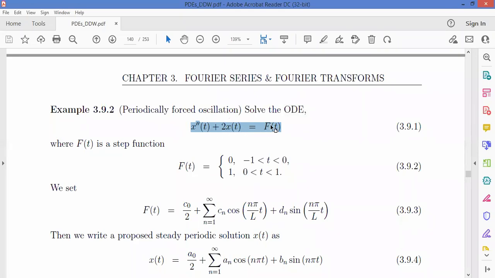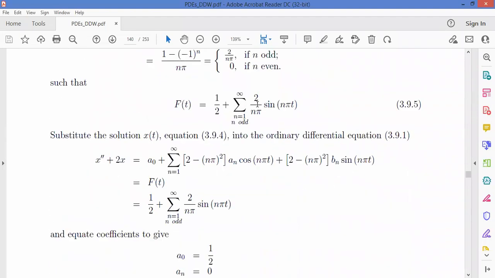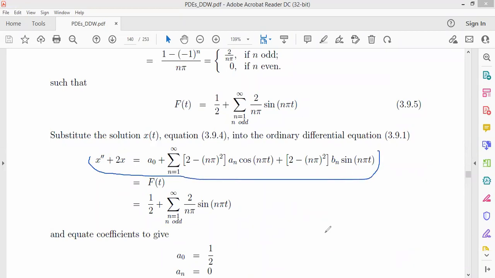And then we equate it to the Fourier series representation of this function ft, which is equation 3.9.2. If you do that, you get this term here. That substitution is going to give you this entire thing here. And what happens here is simplification. So once you have this, just simplify this.